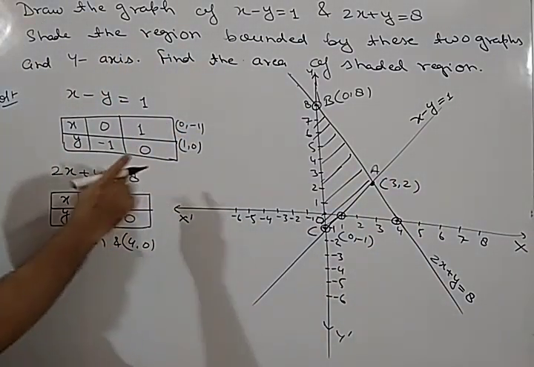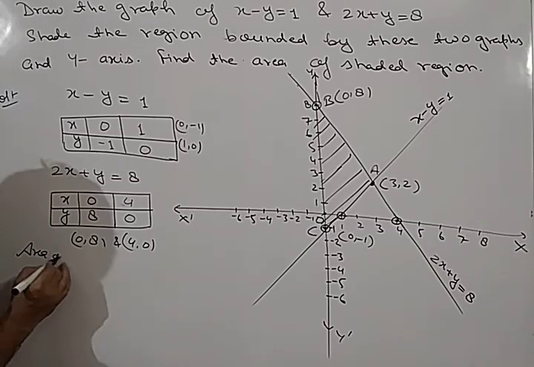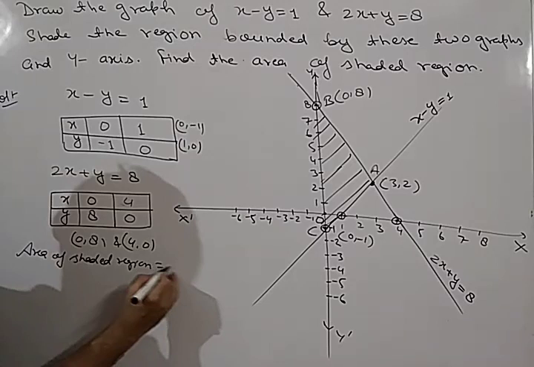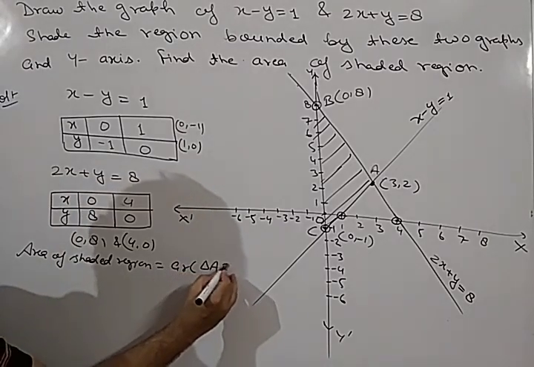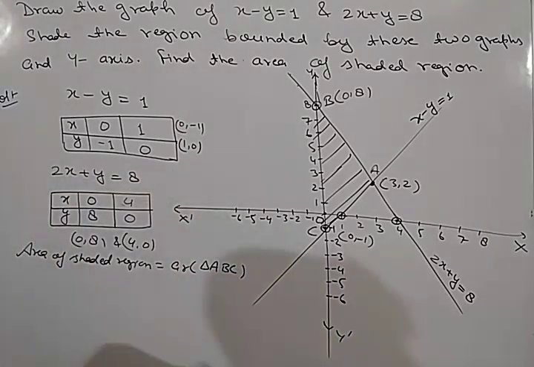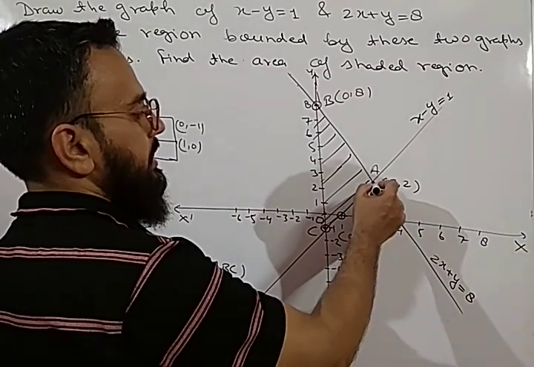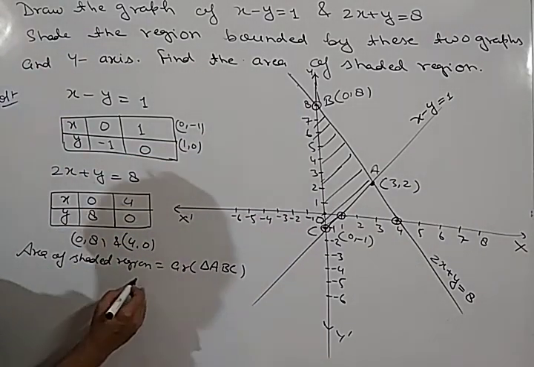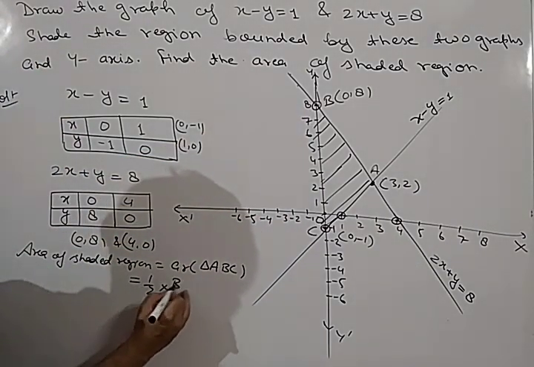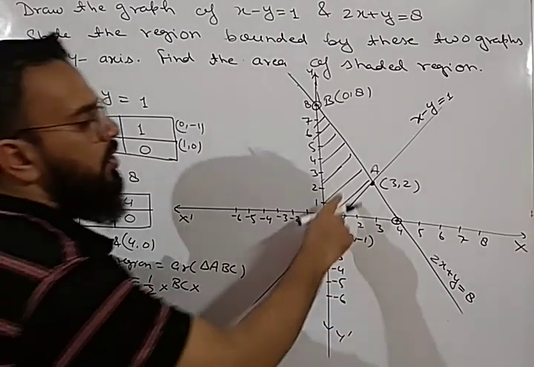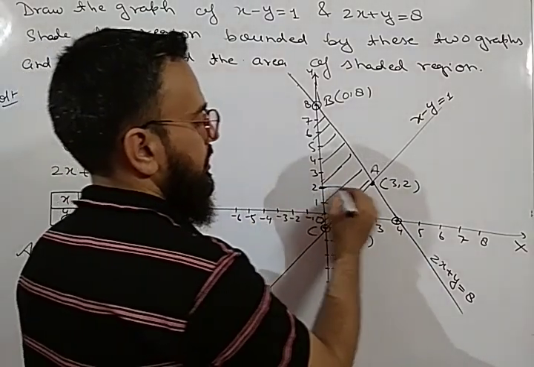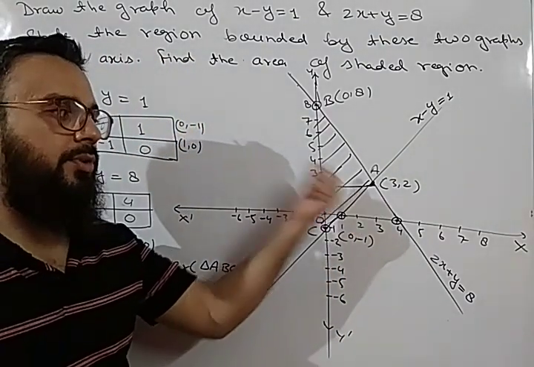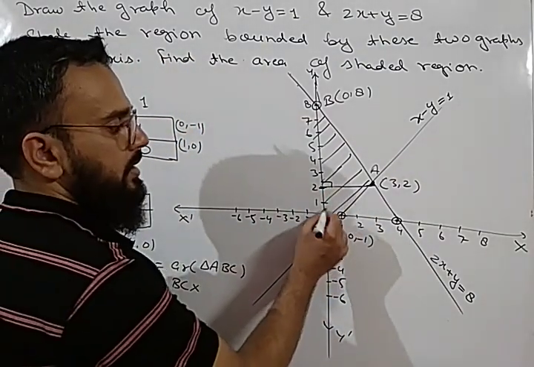Now you have to find the area of the shaded region. The area of the shaded region will be equal to the area of triangle ABC. Now what will be the area of triangle ABC? It is half base into height. If we take BC as base, it will be half into base BC into height. The height will be the perpendicular distance.